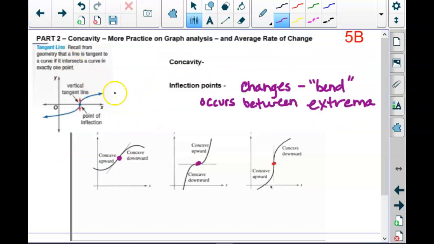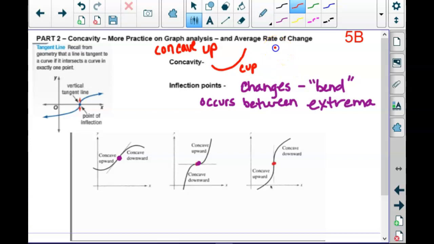So back here, what those inflection points help us determine is the concavity. There are two concavities. It can be looking like this, which is called concave up, and it's like it would hold water like a cup. Concave up like a cup.